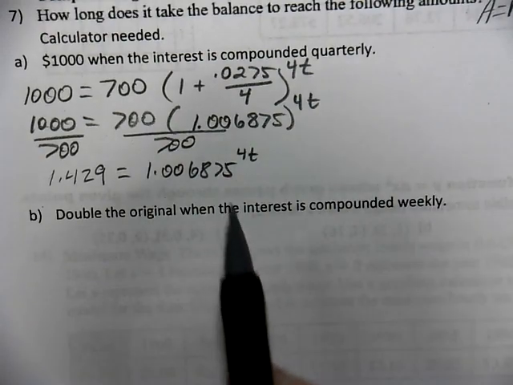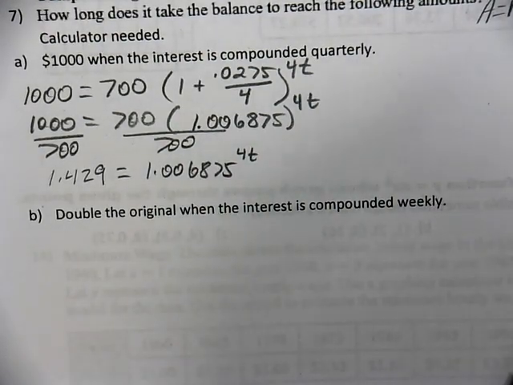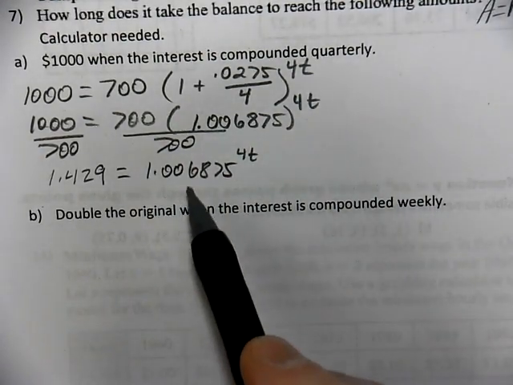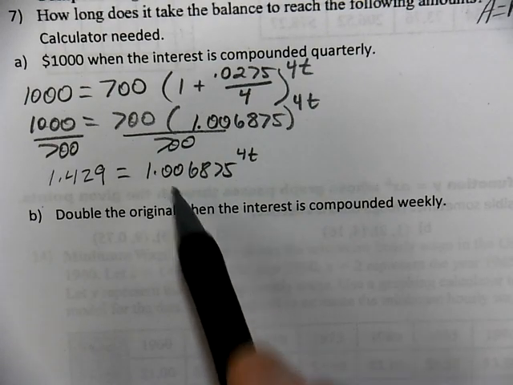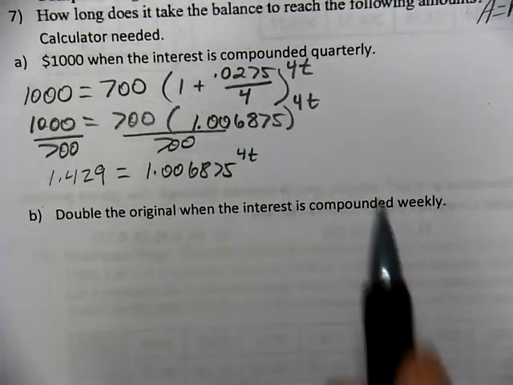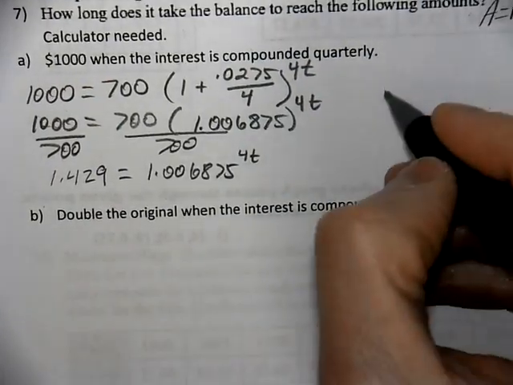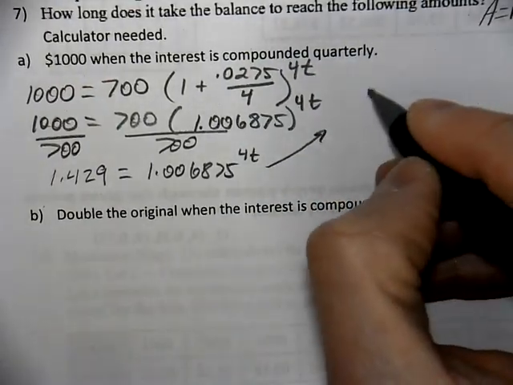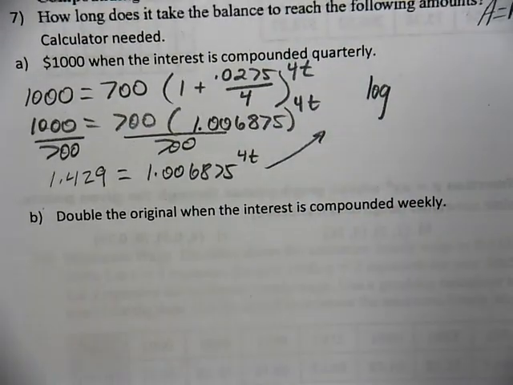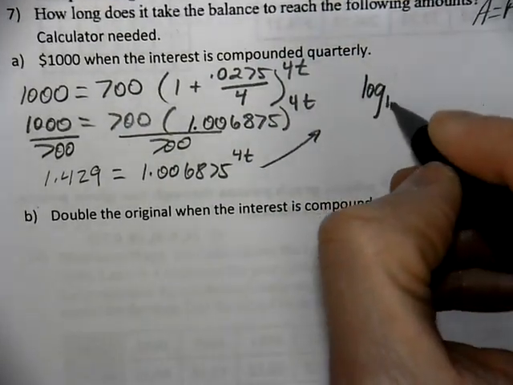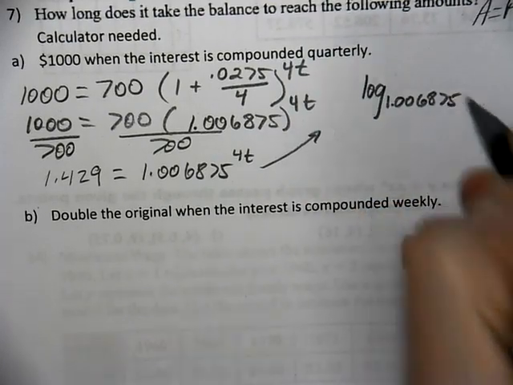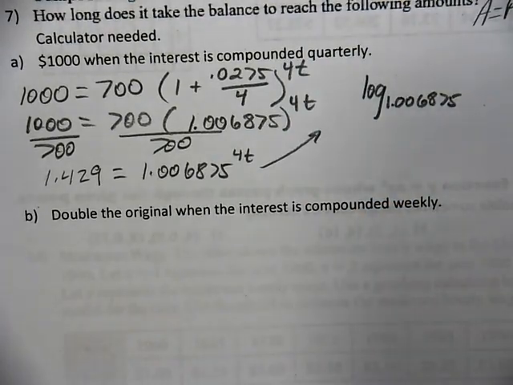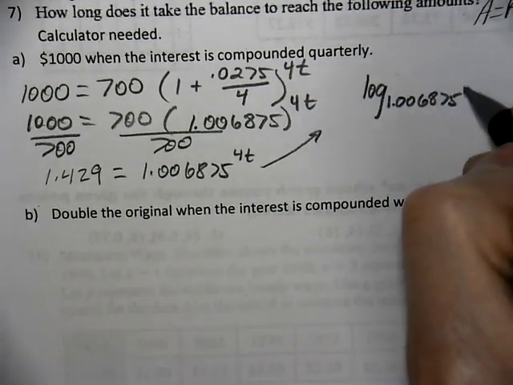Now we're trying to solve for the exponent. So here we're going to write it as a logarithm. Remember, a logarithm equals the exponent. So I'm going to say log. What is my base? The base is the 1.006875. The 4t is what the logarithm equals.